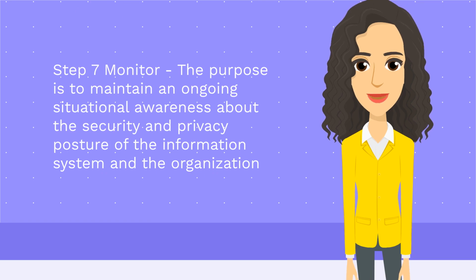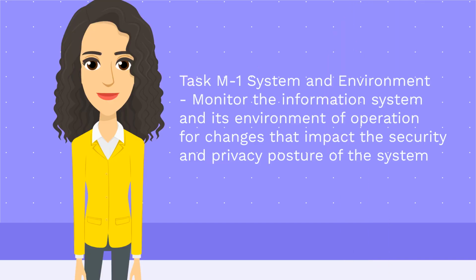Step 7. Monitor. The purpose is to maintain an ongoing situational awareness about the security and privacy posture of the information system and the organization. Task M1. System and environment. Monitor the information system and its environment of operation for changes that impact the security and privacy posture of the system.